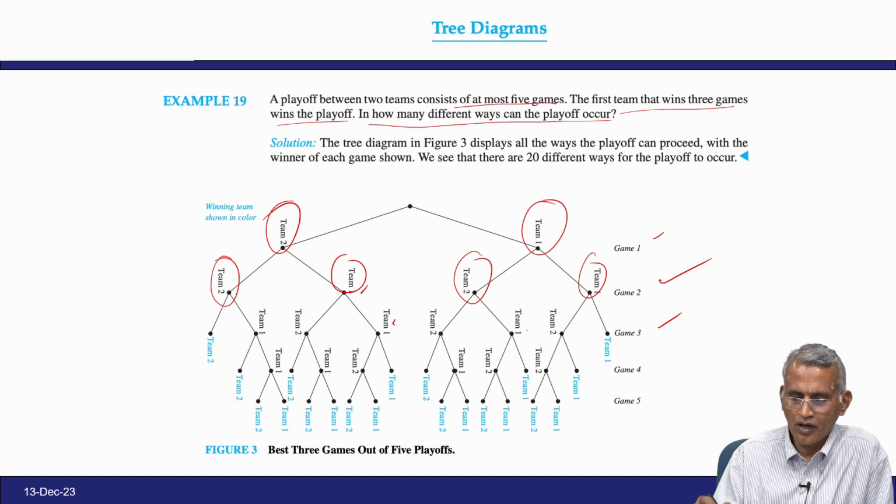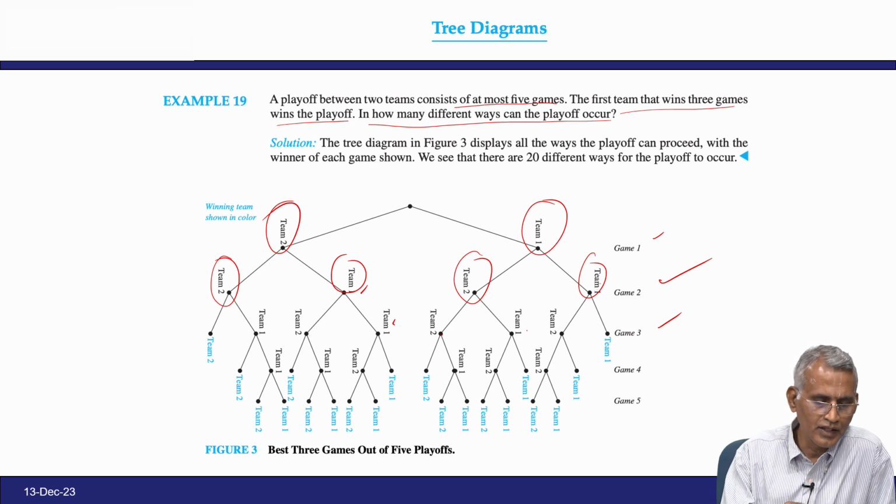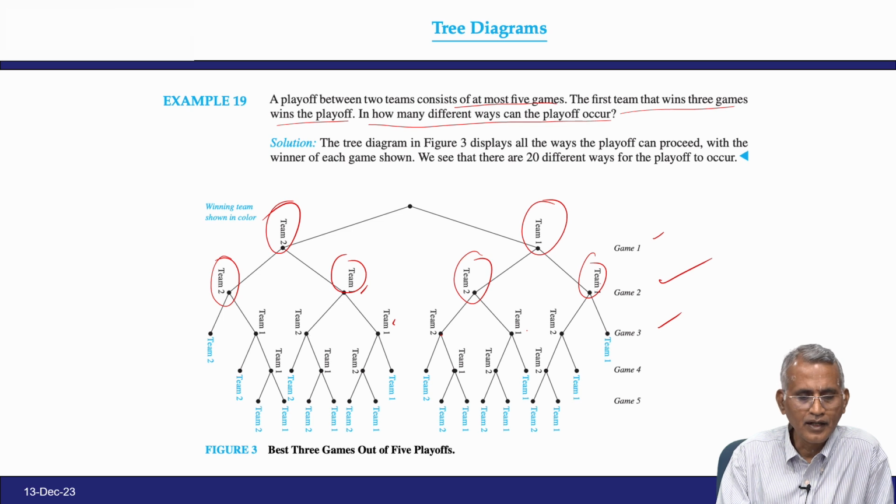This is game 3. Now, the winner is team 1 here, and team 2 is the winner there. The different color, blue, shows the winner, and the rest continue playing like that.